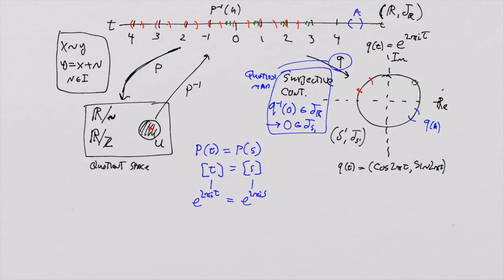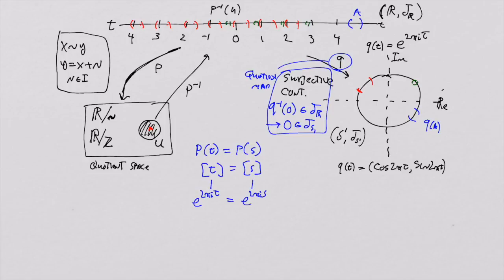So I now know that Q is actually an open mapping. Q takes these open sets to open sets over here, which puts these open sets in one-to-one correspondence with these open sets.